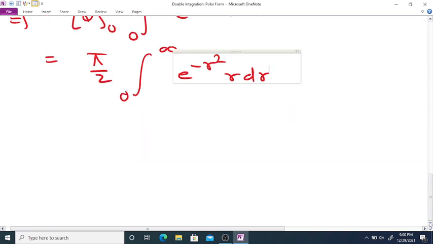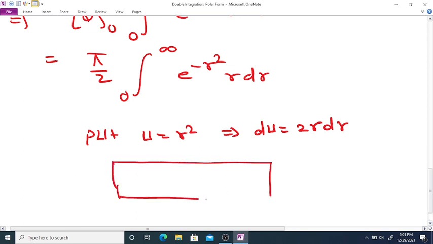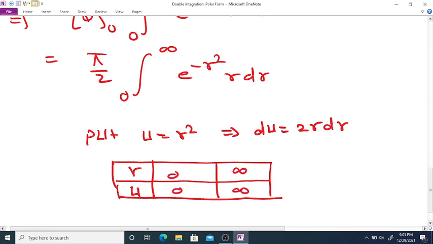Now we substitute: put u is equal to r square, which implies du is equal to 2r dr. Since we change r to u, the given limits of r are 0 to infinity, and the limits of u are also from 0 to infinity.